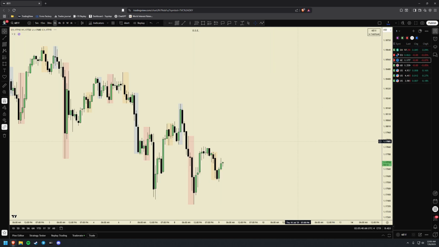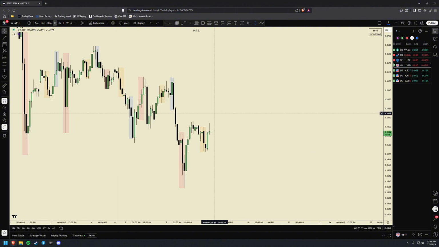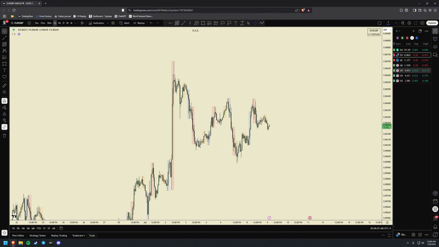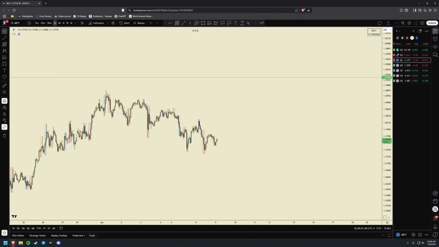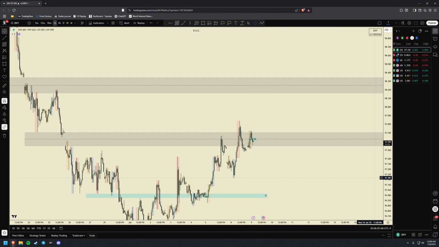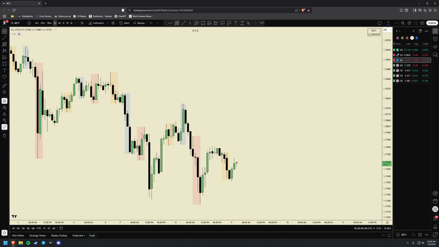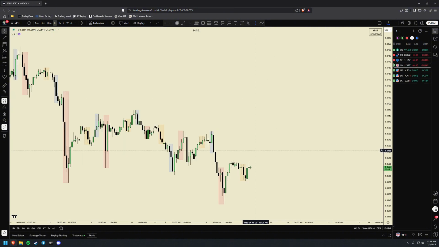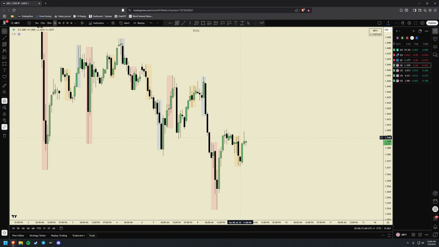So I will be looking to go short in euro, even though I just said euro GBP is probably going to want me to go pound. But why I want to go euro here is because Asia respected it, right? Euro hasn't taken its highs, and pound has taken its highs.